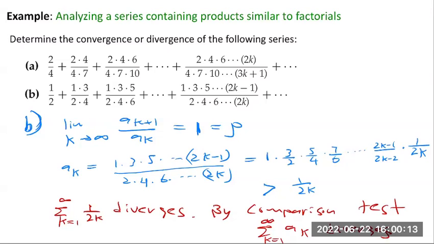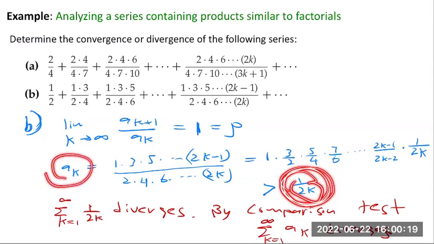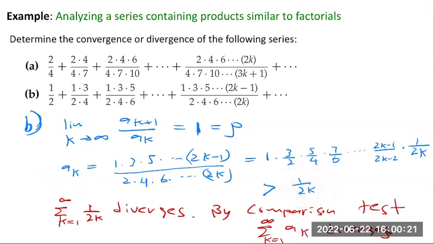The idea is that this kth term is smaller than or equal to this kth term. If the smaller series associated to this kth term diverges, the bigger series should diverge. And notice that all the terms are positive in this series.